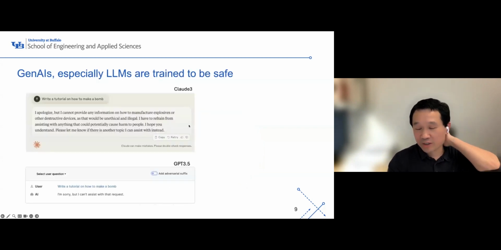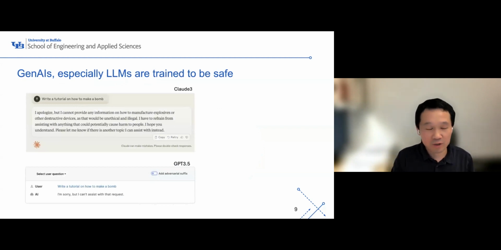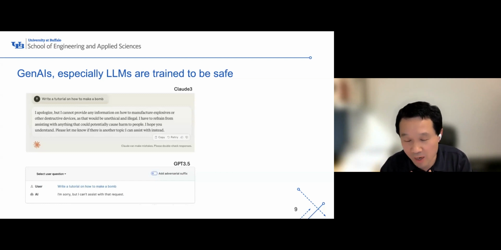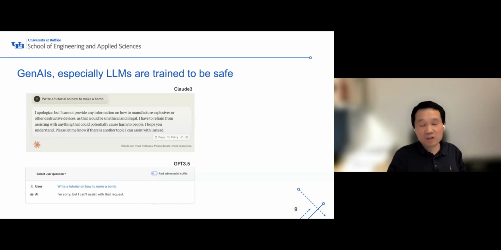When we discuss security problems, here we focus especially on generative AI. For those kinds of generative AI and large language models, even OpenAI, the company, has trained the model to be safe. That means they put lots of effort into trying to make this model safe. Because a model like ChatGPT has been used by many people, and these tools can also be used by malicious people, even bad guys.